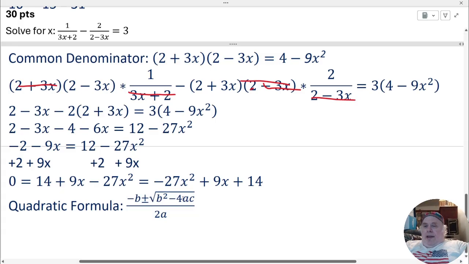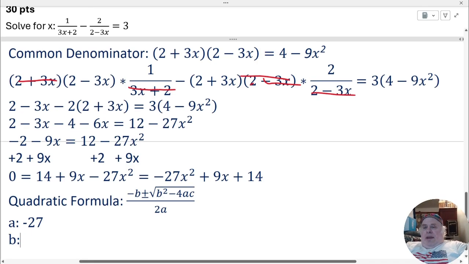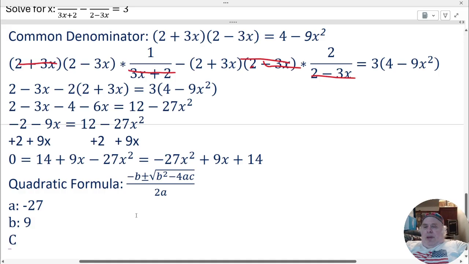So, to use the quadratic formula, I got to recognize a, which is the x squared term, minus 27, b, the x term, which is 9, and c, the constant, which is 14.